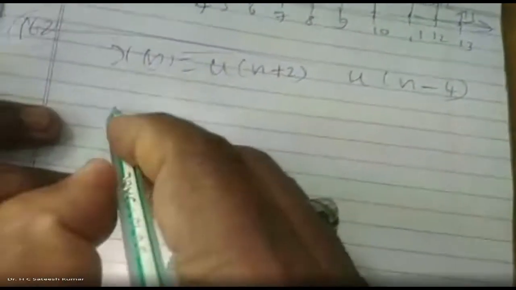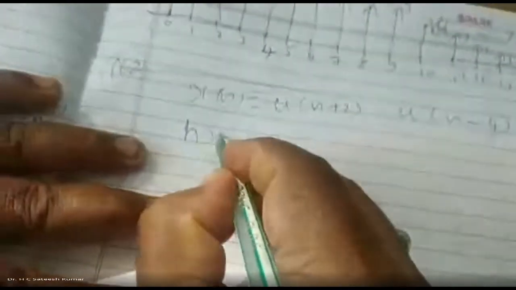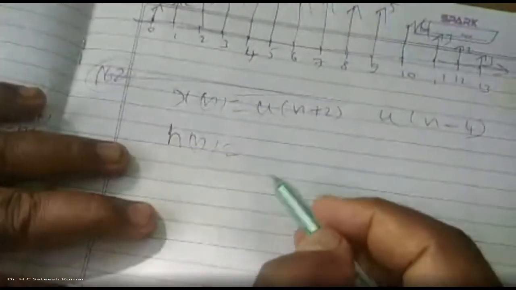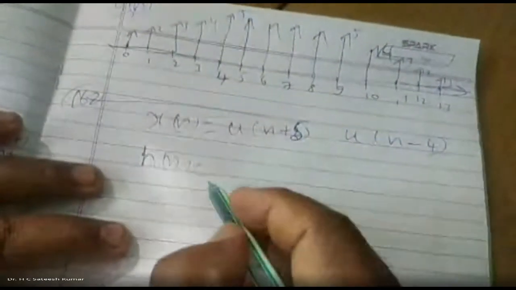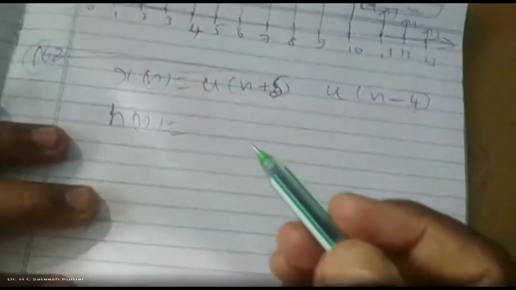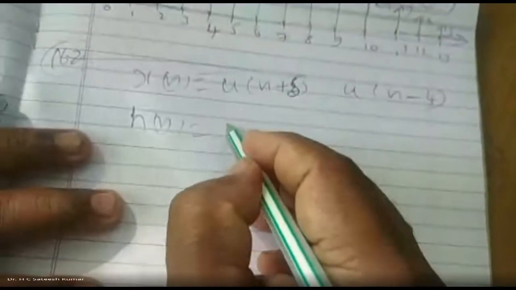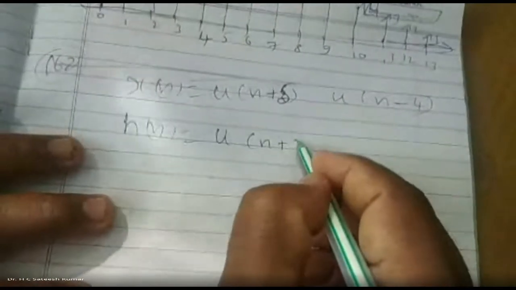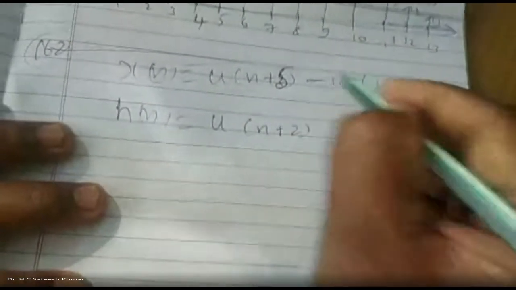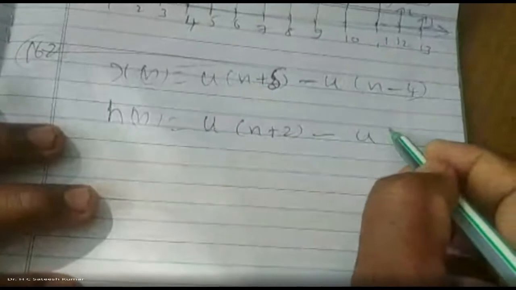And h of n is equal to u of n plus 2 minus u of n minus 3.